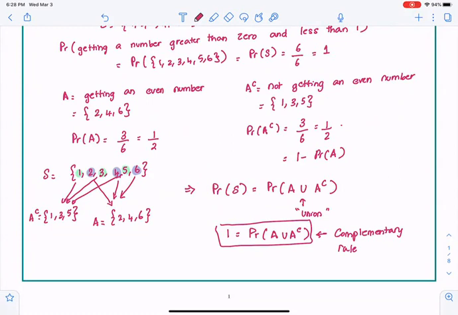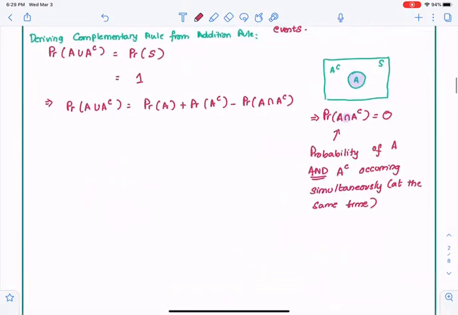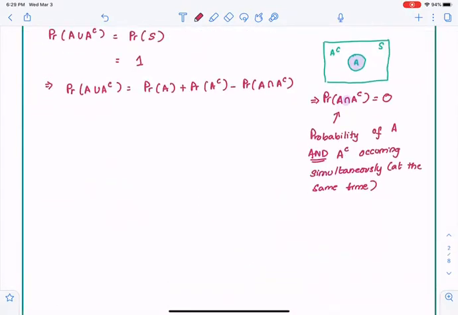So if I rolled an even number, I can't say that number is also odd. Likewise, if I said I got an odd number, I can't say that the number is also even. At any given time, it could either be part of A or part of A complement, but it cannot be a part of both at the same time. So they cannot occur simultaneously. So the probability of them happening at the same time is the intersection. So A intersect A complement, its probability would be 0.